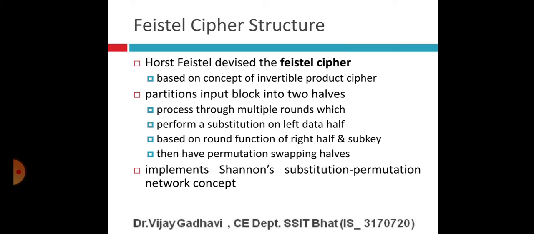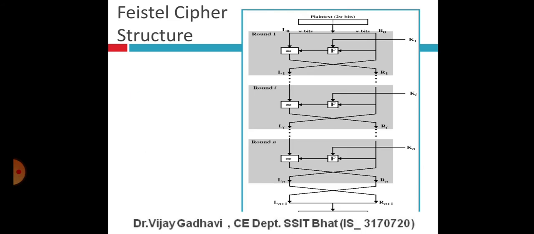Here we are using a subkey. The main key is provided by the security third parties; it is called a subkey. Then have a permutation swapping halves. So the swapping facility is also available in each permutation. Implementation uses the substitution-permutation network concepts.